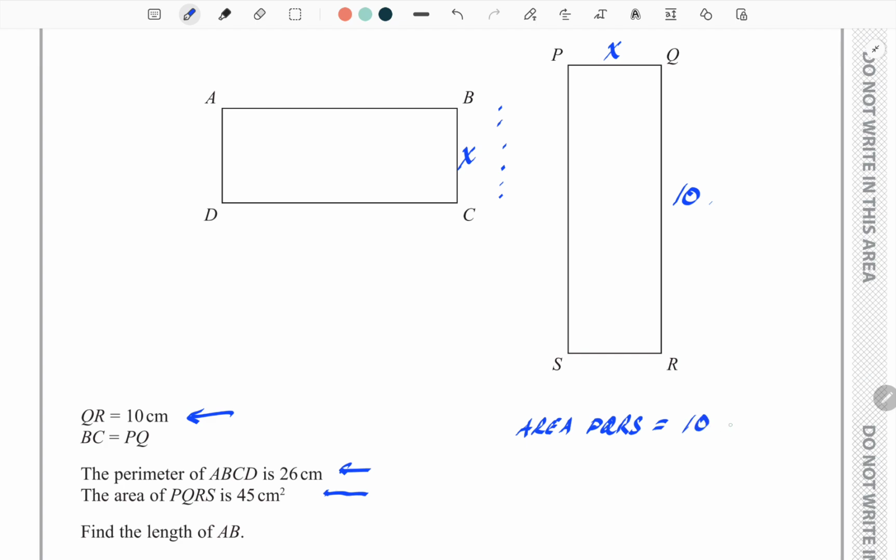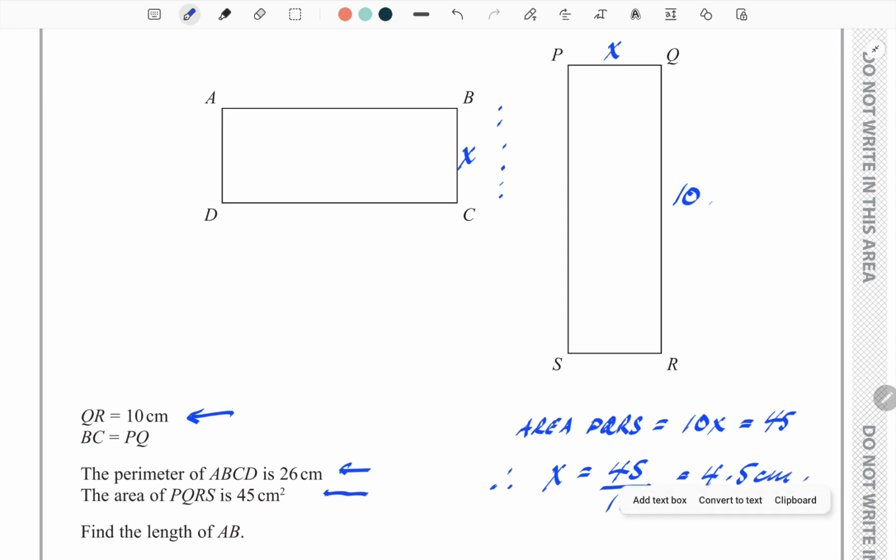So call that 10x, 10 times x, all right? And that apparently equals 45, all right? So therefore, x must be 45 divided by 10 equals 4.5 centimeters.